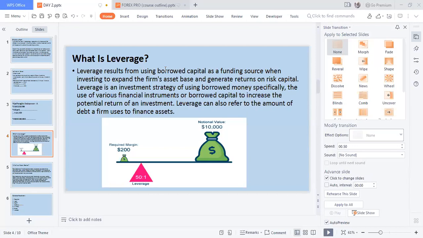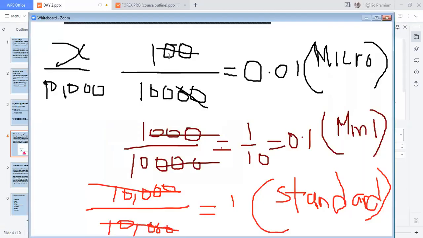Let me just analyze what I have to do here. Now, let's say Mr. Thank God has $200 in the forex market. The man calls me, Mr. Gospower, please, what will be my leverage? So what I will advise the man is, Mr. Thank God, $200 is entitled to use a leverage of 1 to 500.